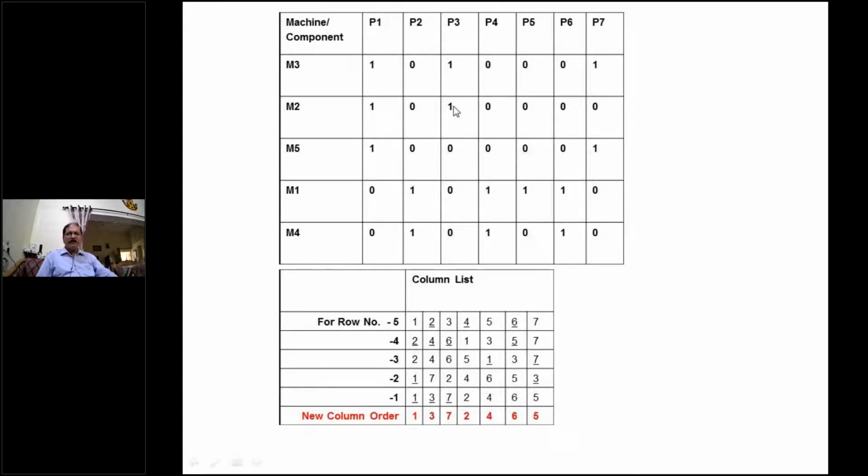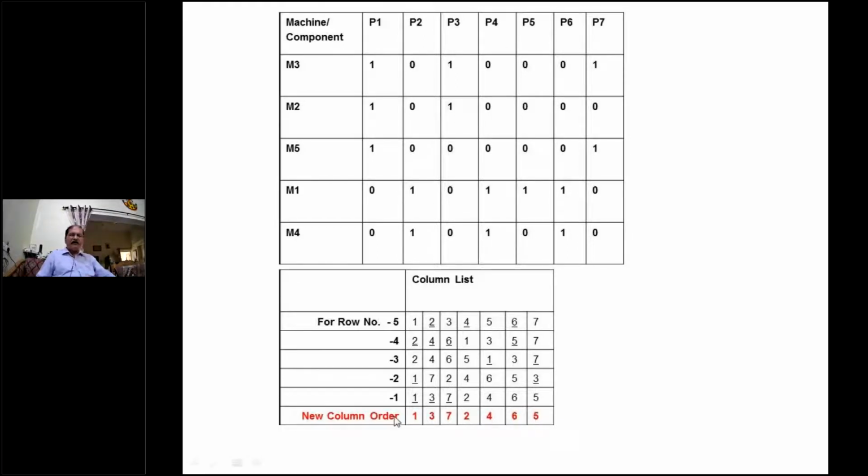Then see row 4. Column 2, column 4, column 5, column 6 have ones. They have been underlined, and column 5 is brought back, so the order is 2, 4, 6, 5. Similarly, we underline and bring to the front.